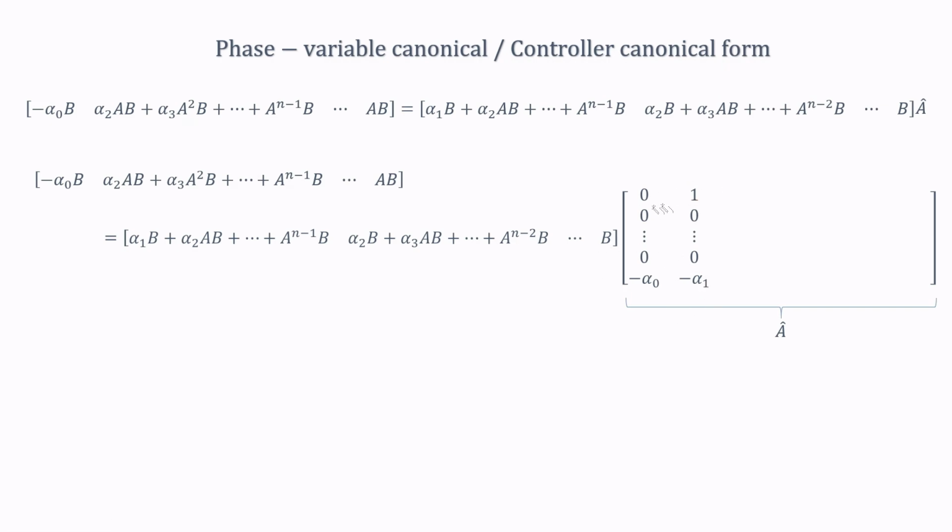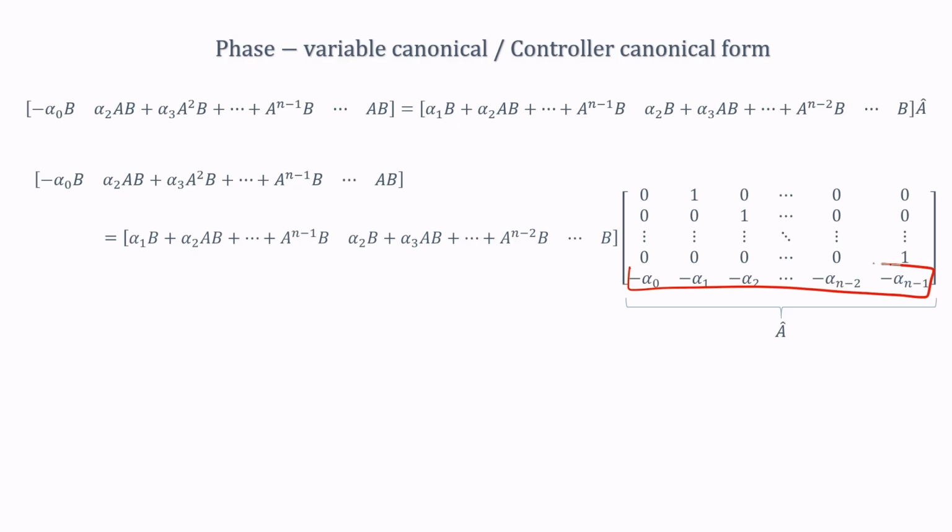In this way if you keep on going, this will be the matrix that you will get. So, your A hat matrix will look something like that, and look at this matrix. This is a nice looking matrix in the sense that the top part here, the n minus 1 rows, has a nice structure.